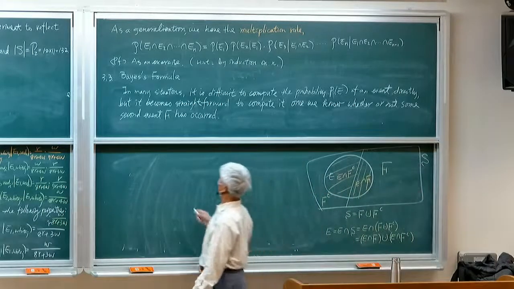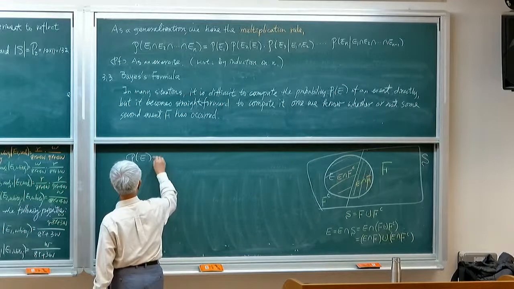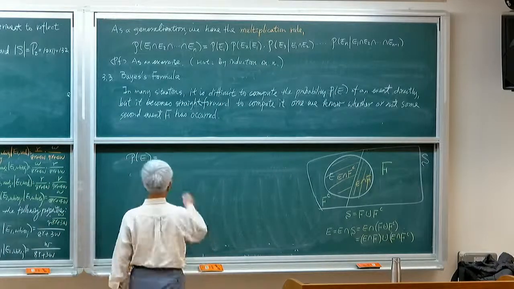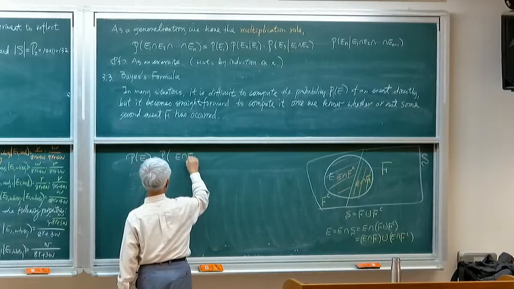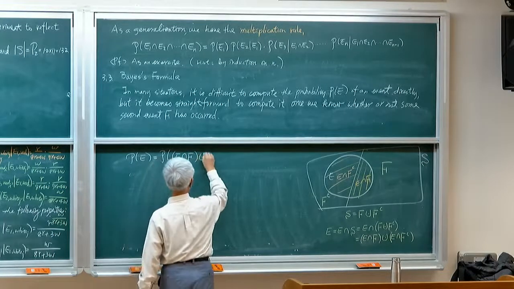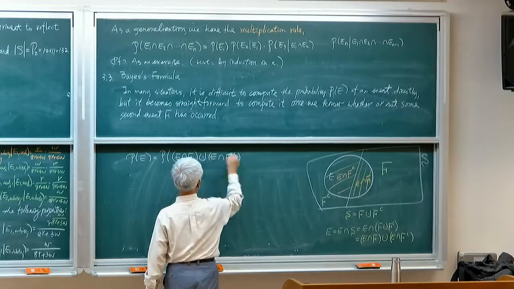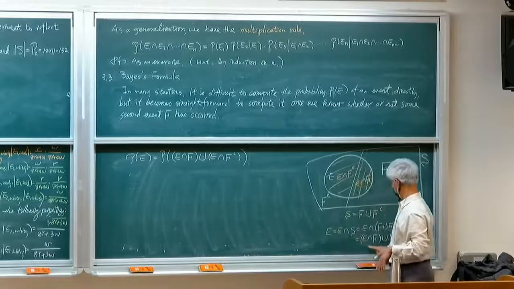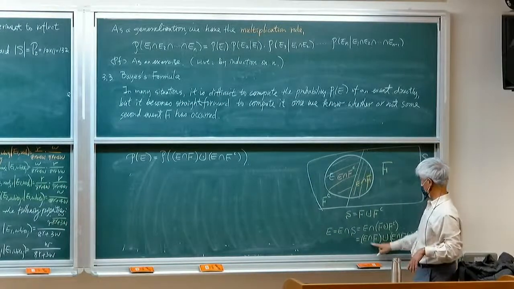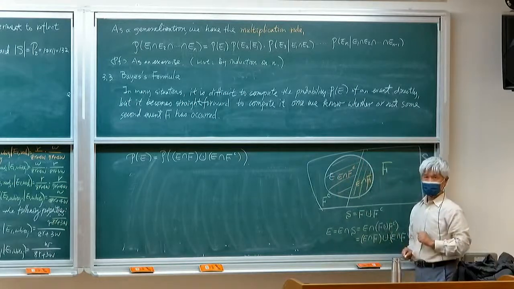Now the probability of E is equal to the probability of E intersect F disjoint union E intersect F complement, because E is equal to the disjoint union of these two parts. So we partition E into two parts.